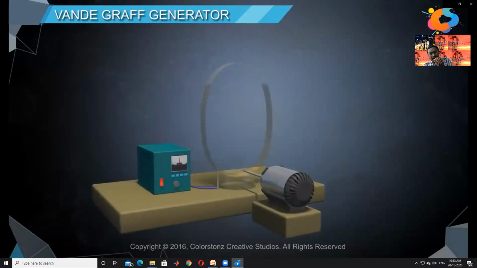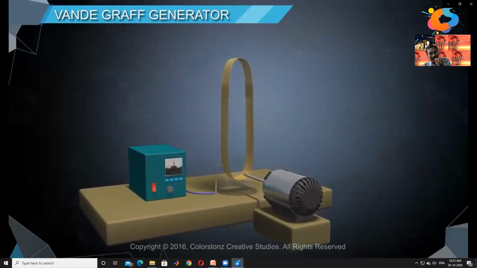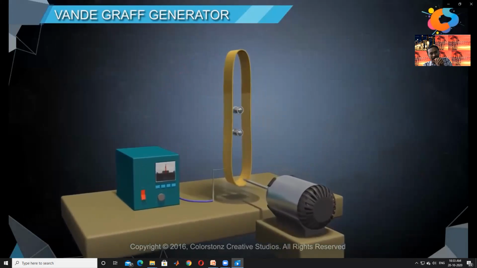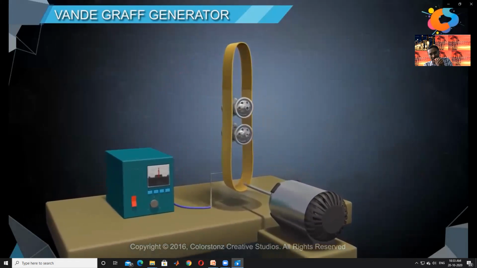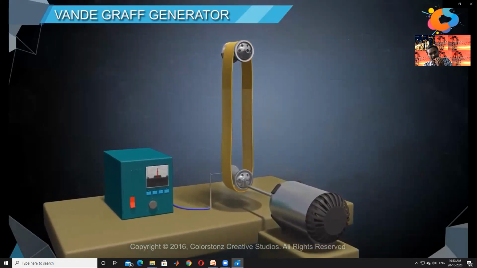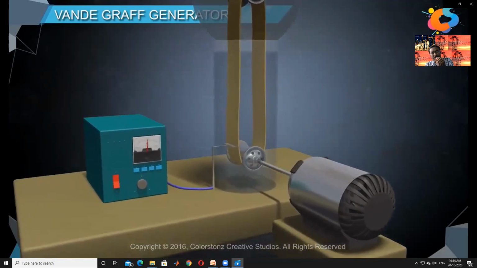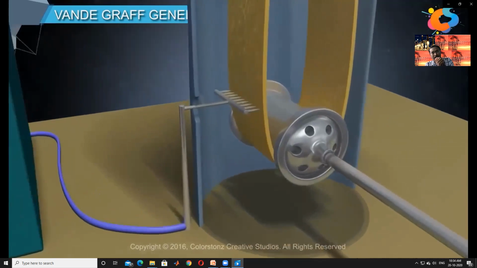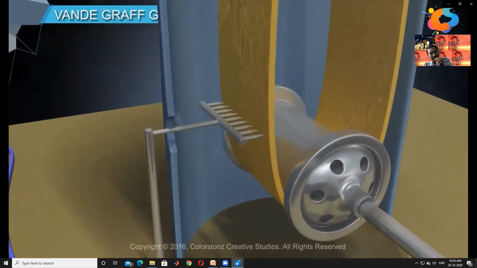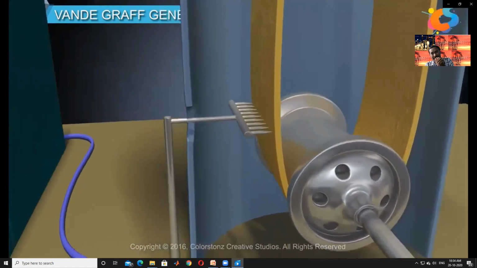A simple Van de Graaff generator consists of a belt made of rubber running over a pair of rollers, one of which is surrounded by a hollow metallic sphere mounted on an insulating stand. A comb made up of sharp metal points is positioned near the roller, pointed toward the rubber belt.